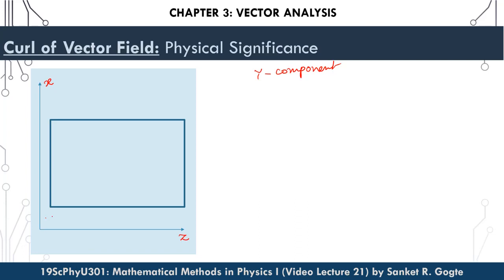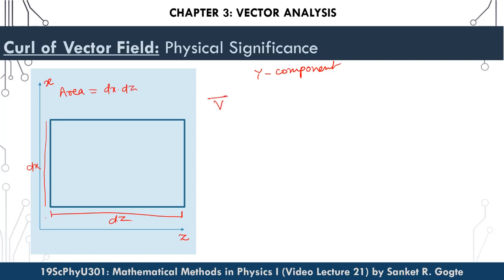This length is dz and this length is dx, which gives us the area of this rectangular loop, which is equal to dx into dz.